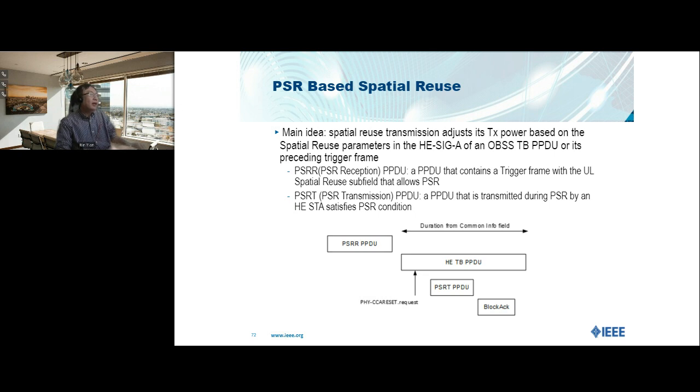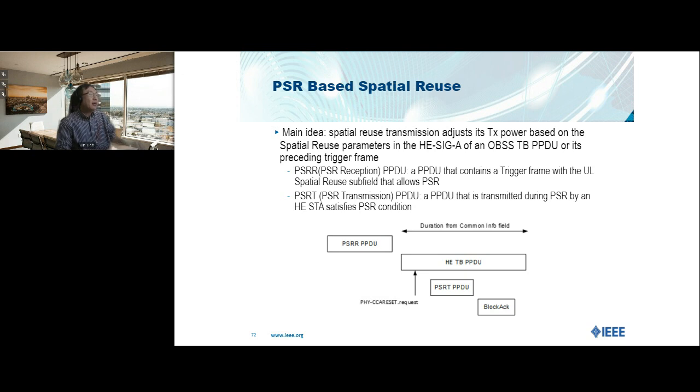In this spatial reuse context, it's called the PSR reception PPDU. This is sent by the AP to specify all the trigger-based transmissions. It also has the PSR spatial reuse parameters. Okay?